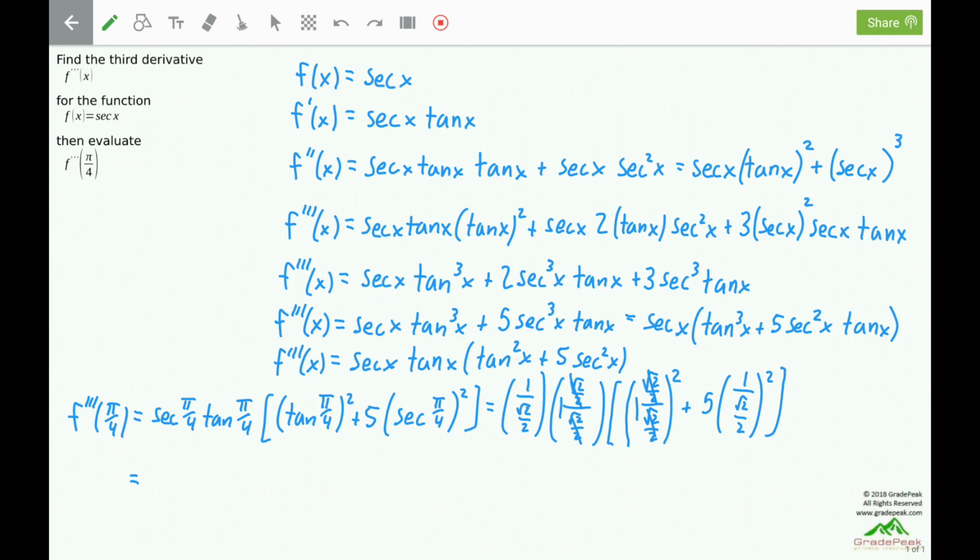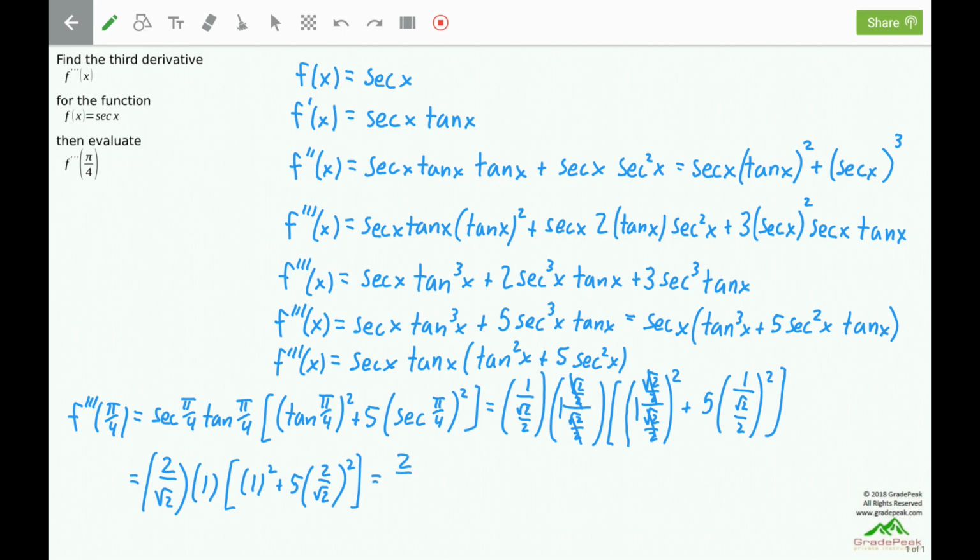So our first term, 1 over root 2 over 2, we can reciprocate that, and that'll just be 2 over root 2. Second term came out to a 1 for the tangent of pi over 4. We have this times 1 squared plus a 5 times 1 over root 2 over 2. Reciprocate that. That's 2 over root 2, and then squared.